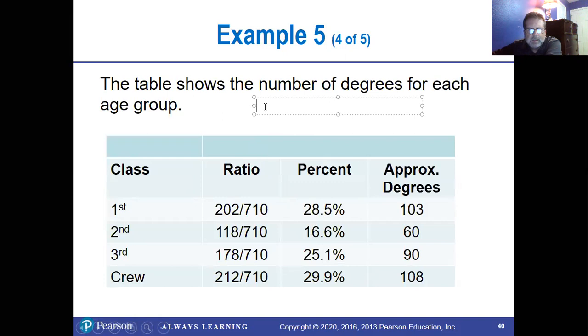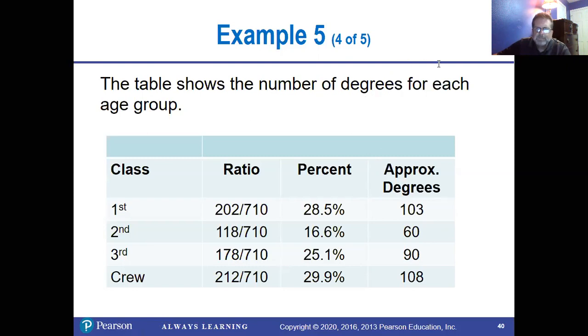If you take the percent, you can take 28.5 divided by 100, that's your percent, and all of that would be equal to x over 360. Now that x is the degrees, and there's 360 degrees. If you solve that by cross multiplication, you would get the number of degrees that you draw in that central angle.